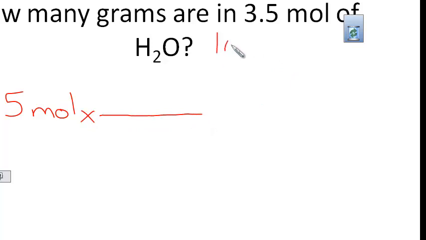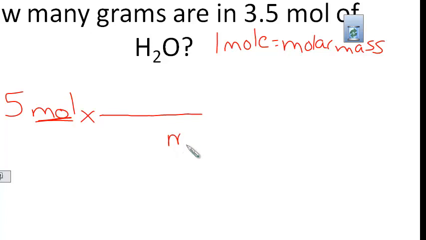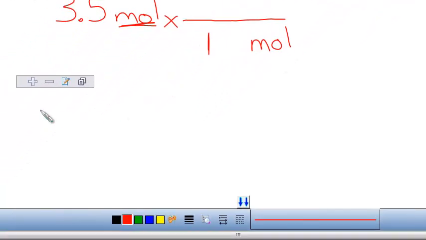And if you remember, our conversion factor for mole was 1 mole is equal to the molar mass, okay, in grams. So if you have a mole here, you must have a mole down here so that they cancel out. Well, how many moles do you have in your conversion factor? Just 1. So you have 1 right there. Now, that is equal to the molar mass of H2O.